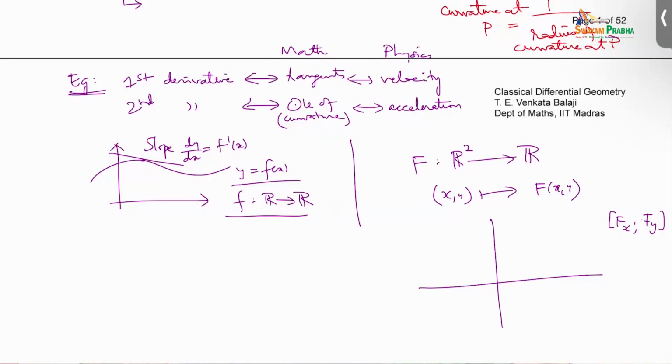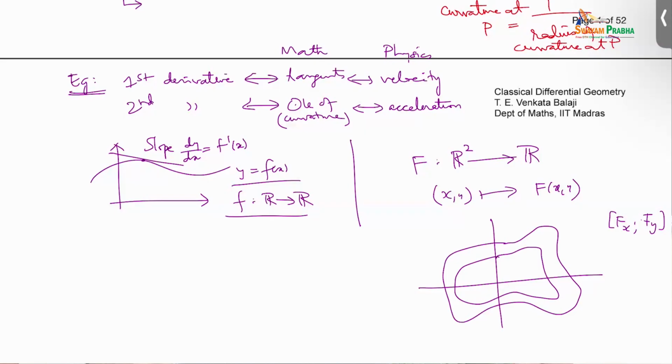Now, if you recall your first course in calculus, you can draw what are called level curves. These are all loci on the plane where F is constant.